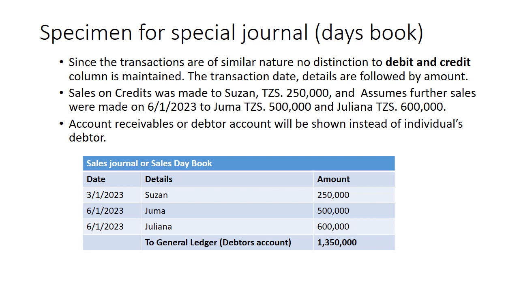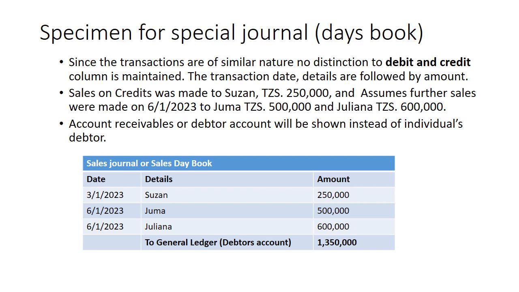So we will have columns only for date, details, and amount. For instance, take an example: a sale on credit was made to Susan 250,000 as in our earlier example, and assume further sales were made on the 6th to Juma 500,000 and Juliana 600,000.